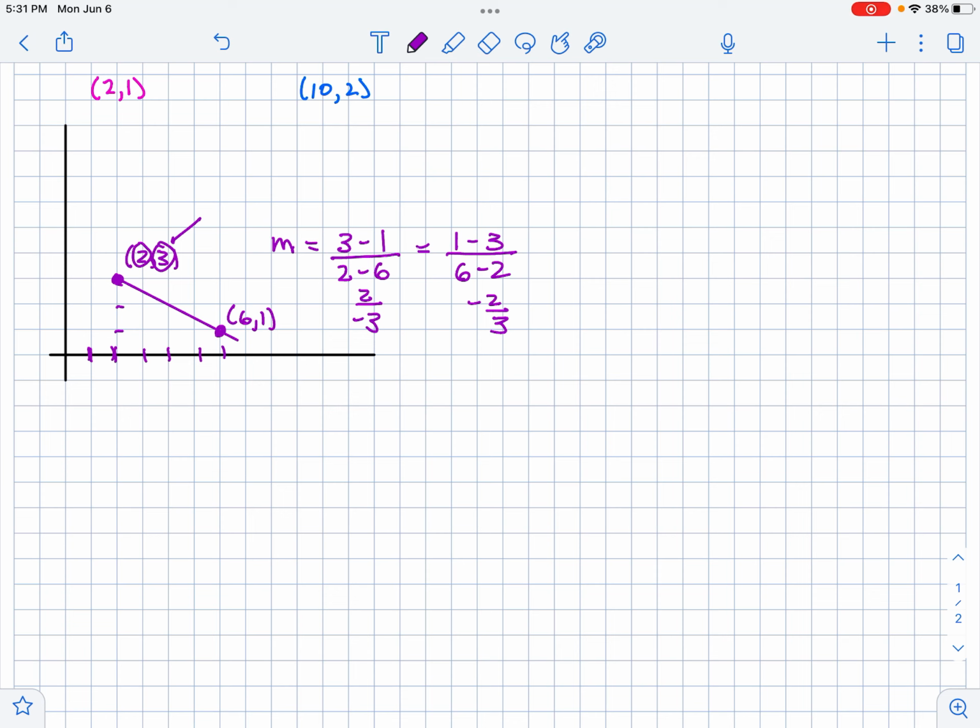So here, I'm going to go down 2. So to get to my next point, I go down 2, and then to the right 3. 1, 2, 3. And that should be my next point. I mean, I don't have it drawn exactly in the ideal way, but this is how you deal with slope.